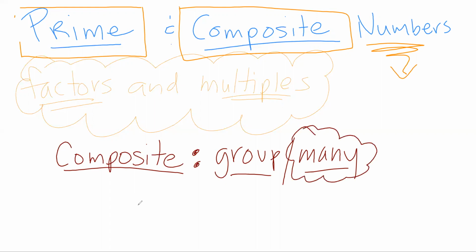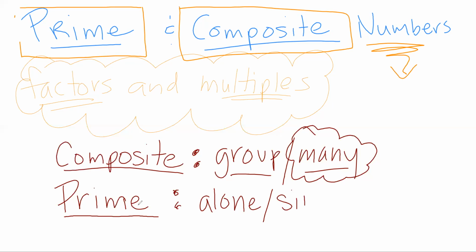And when we think about prime, there's not really an easy way to put that together, but if something is prime, it kind of stands out, it's alone. It's almost a single, if you will. That's what I'm going to try to relate these to. So a composite number might mean something that has many, while a prime number is something that might have a single.